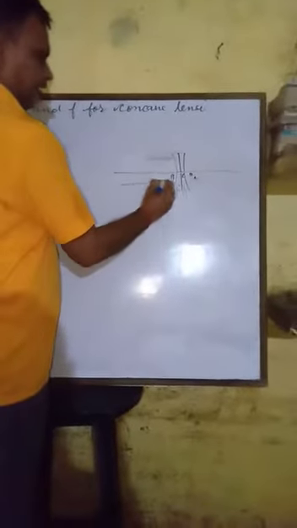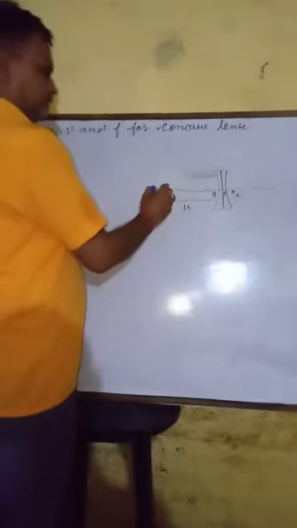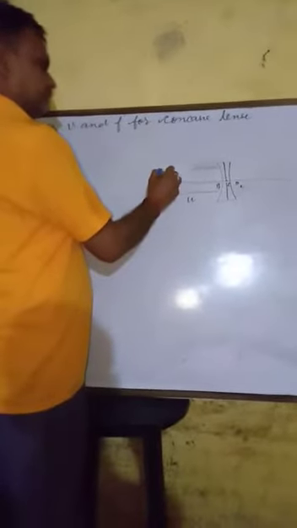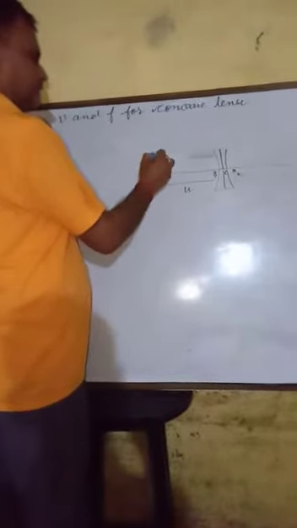On its principal axis, at u meter distance, there is an object O dash placed.